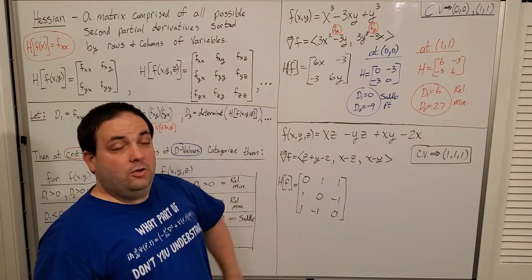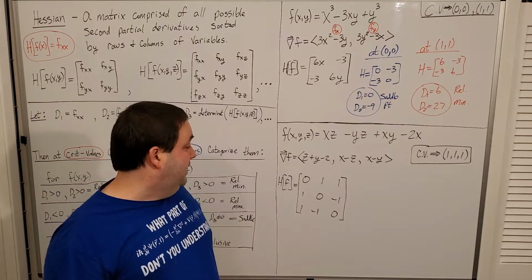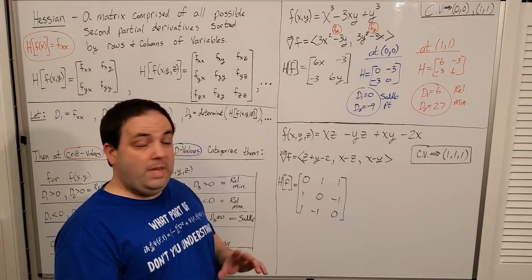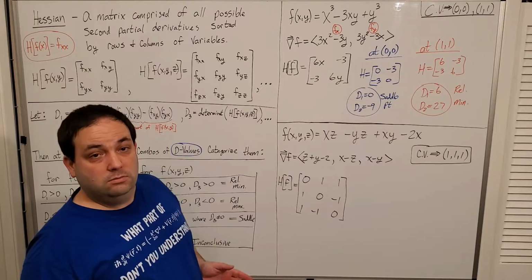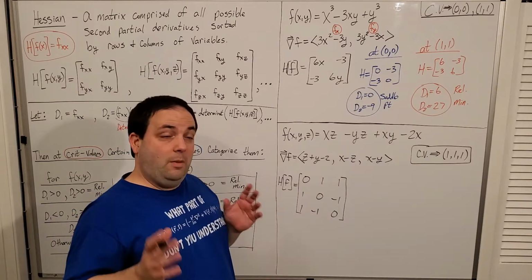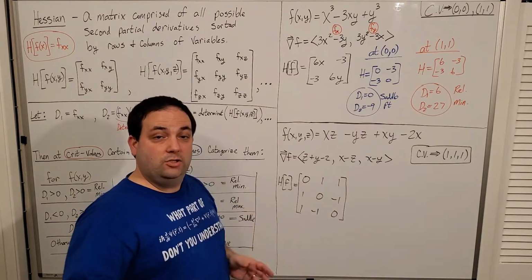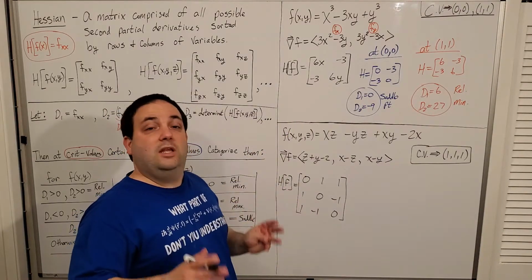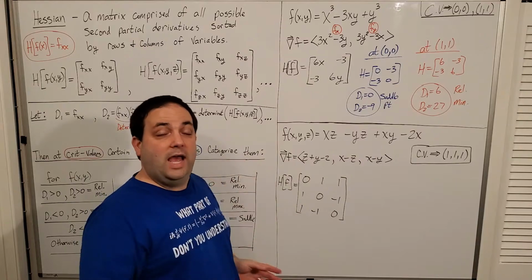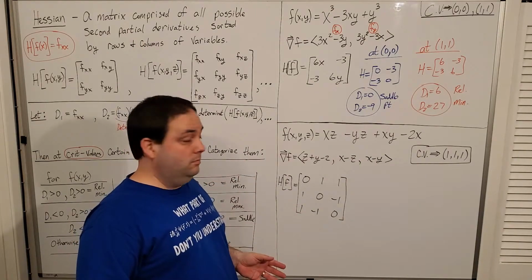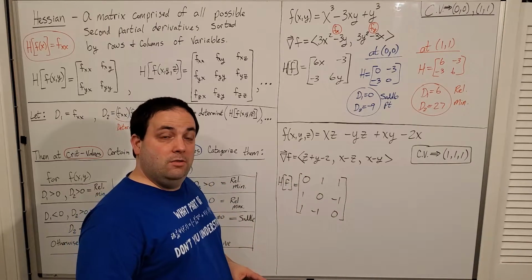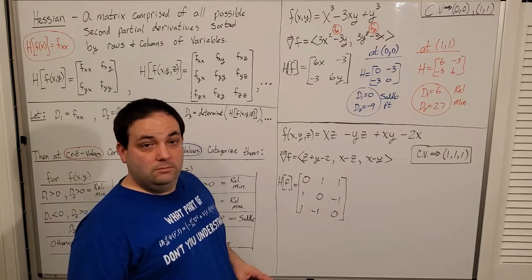Notice this particular Hessian does not depend on the location in space. That doesn't mean anything in particular. It just means that the measurement using your second derivatives is going to be the same everywhere. You could very well still have maxes and mins or saddles. They're all still possible. It just means that it doesn't vary throughout the space that you're measuring.